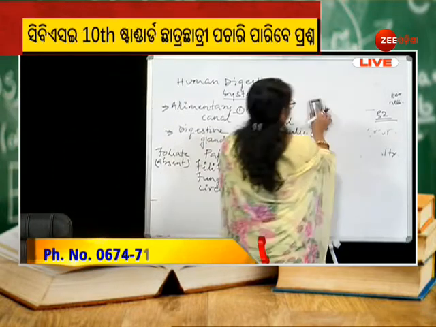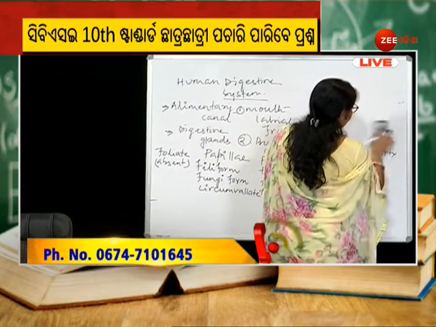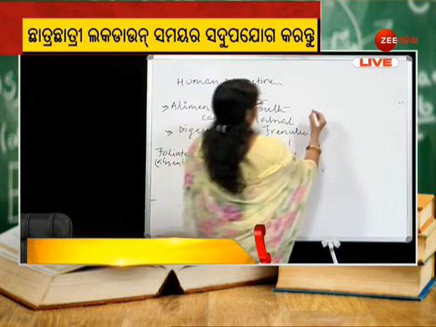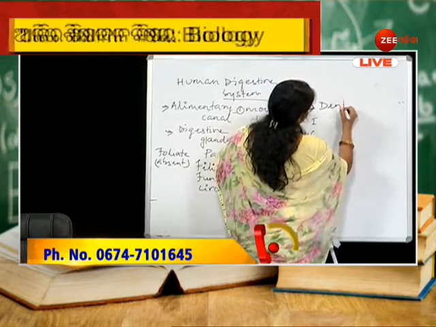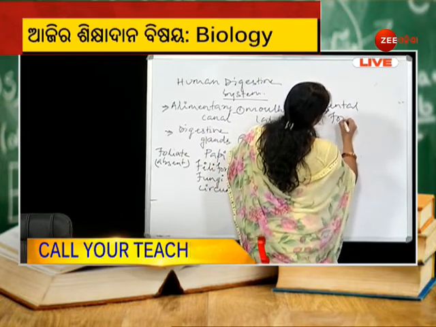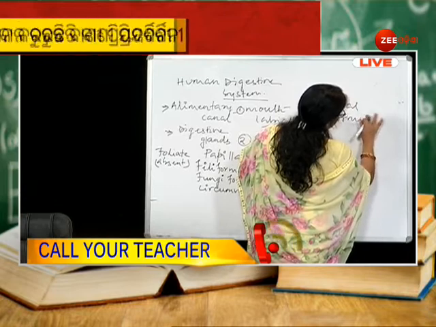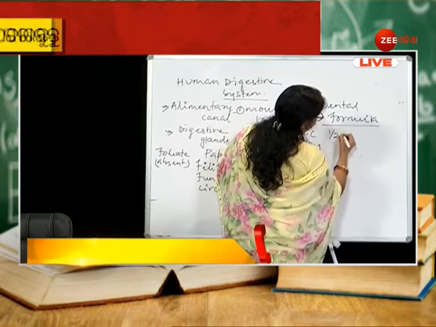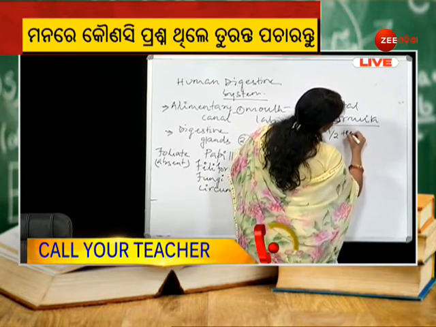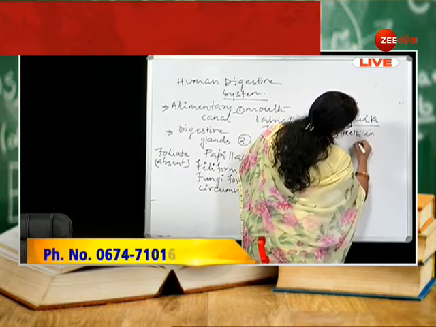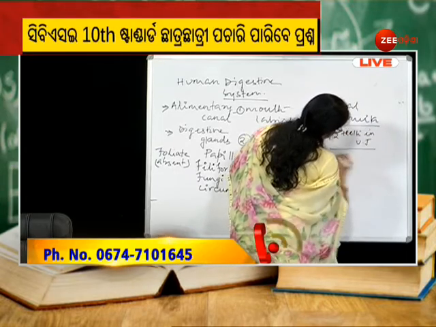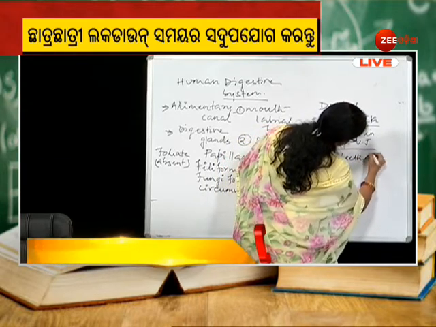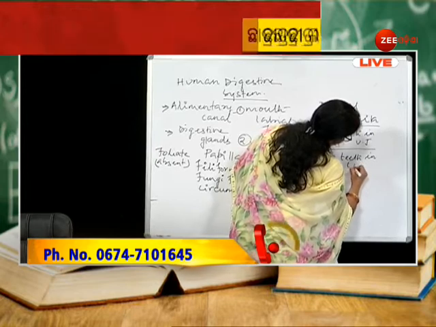So in case of human, how can the number of teeth be calculated? The number of teeth can be calculated through a formula, known as the dental formula. What do you mean by dental formula? Dental formula means half teeth in upper jaw by half teeth in lower jaw.